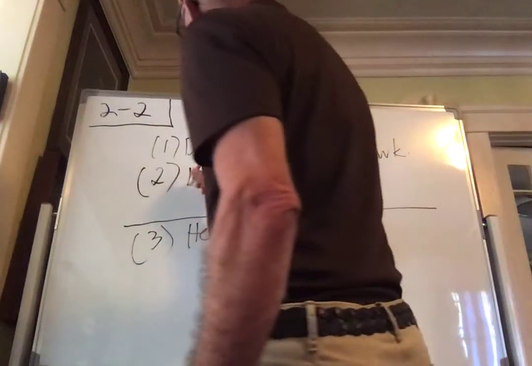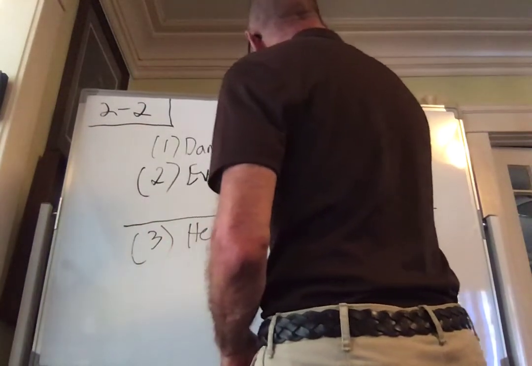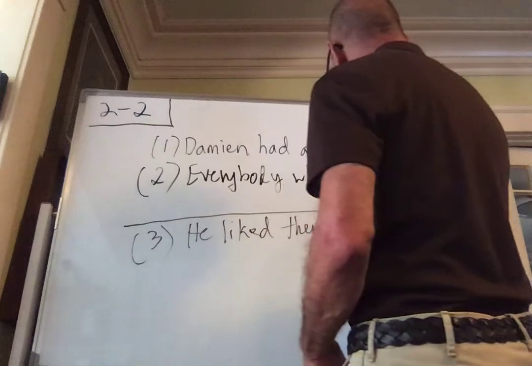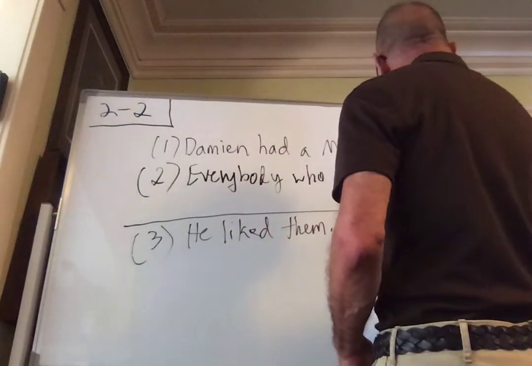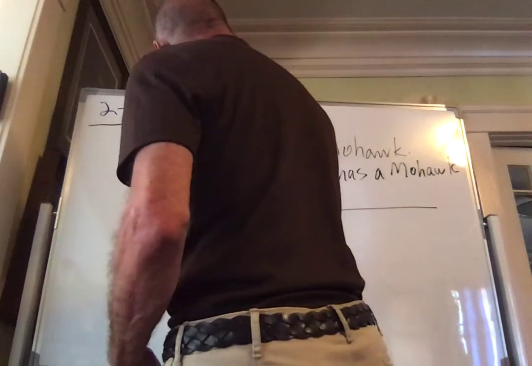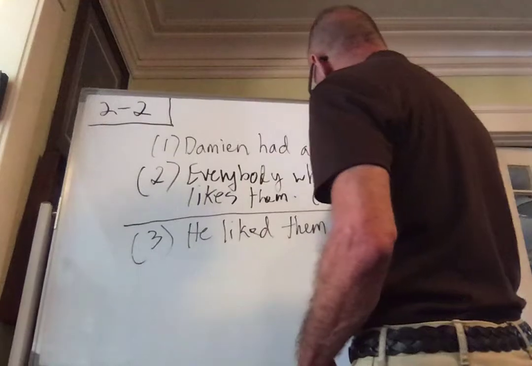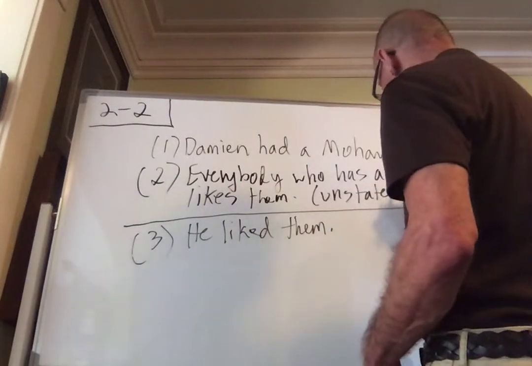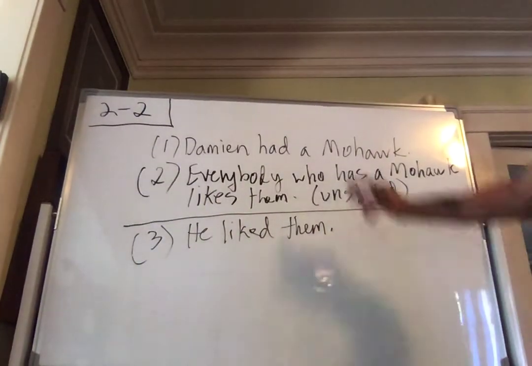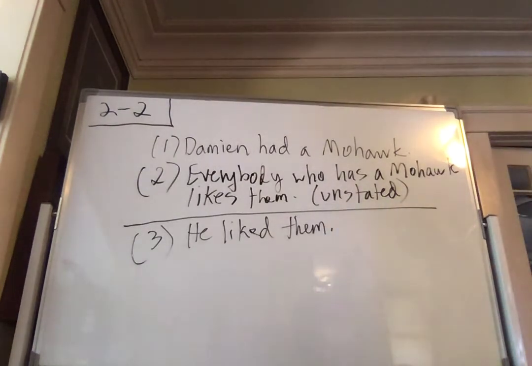How about this? Everybody who has a mohawk likes them. Now you see if 1 and 2 are true, there's no way in the world that 3 could be false, so we're looking at a valid argument.